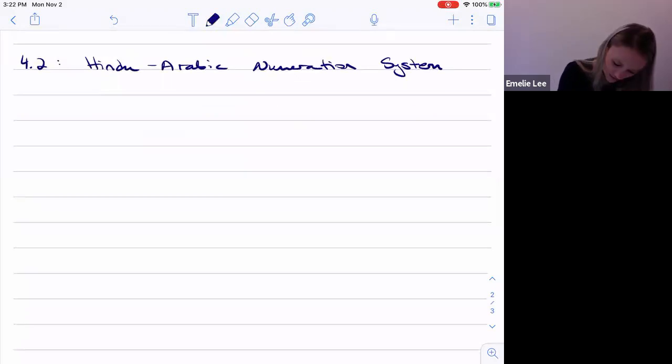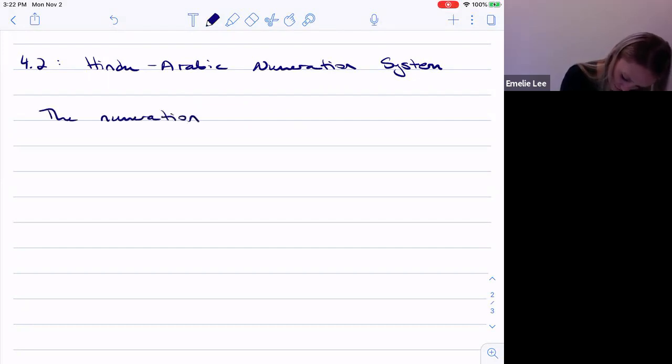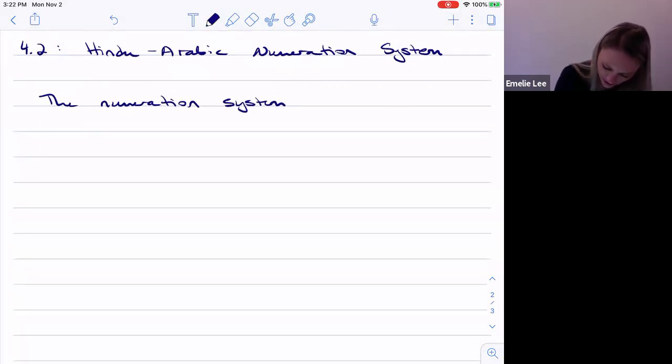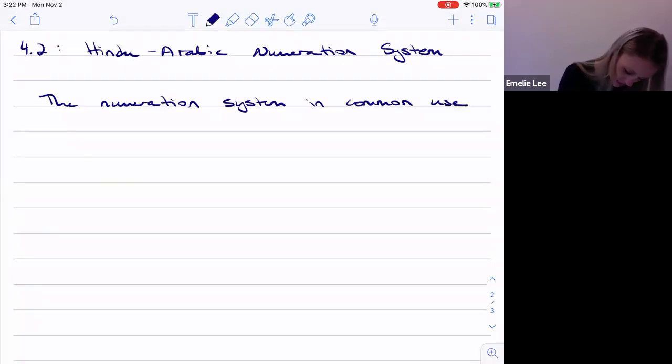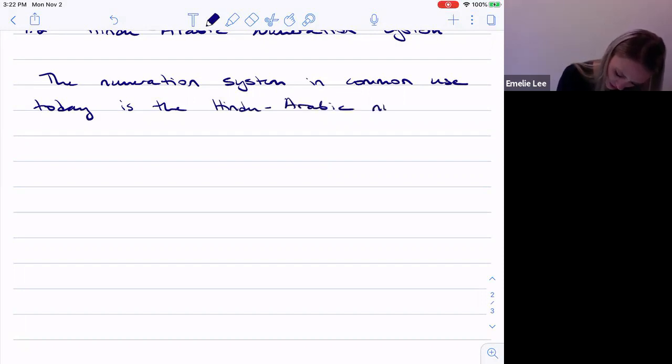The numeration system in common use today is the Hindu-Arabic numeration system.